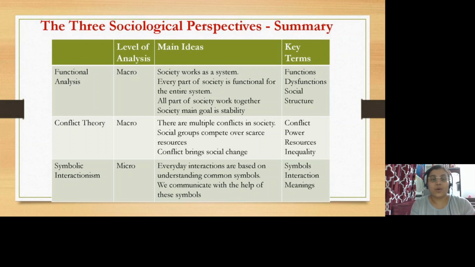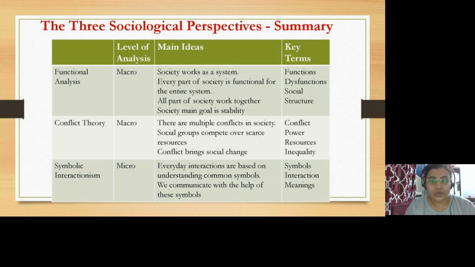The third one is symbolic interactionism. Now, why is it under micro? Because in this perspective we talk about the everyday interaction we do as human beings. We interact on an everyday basis based on our understanding of common symbols. Language is the first symbol we use. We communicate with the help of these symbols.